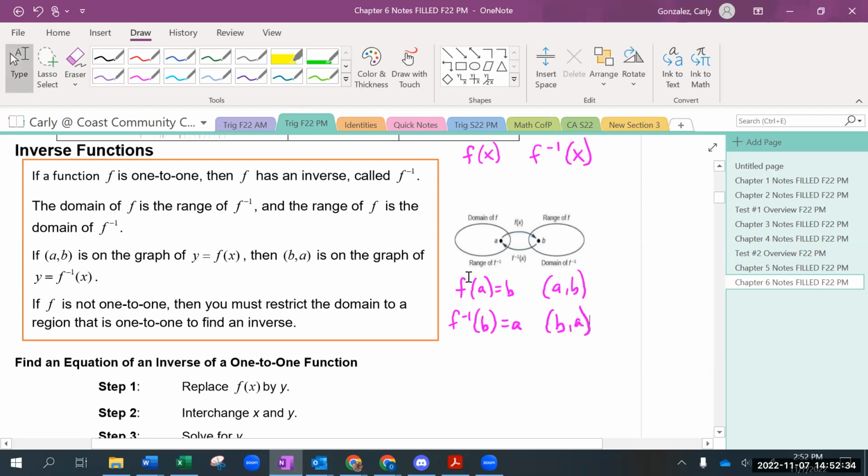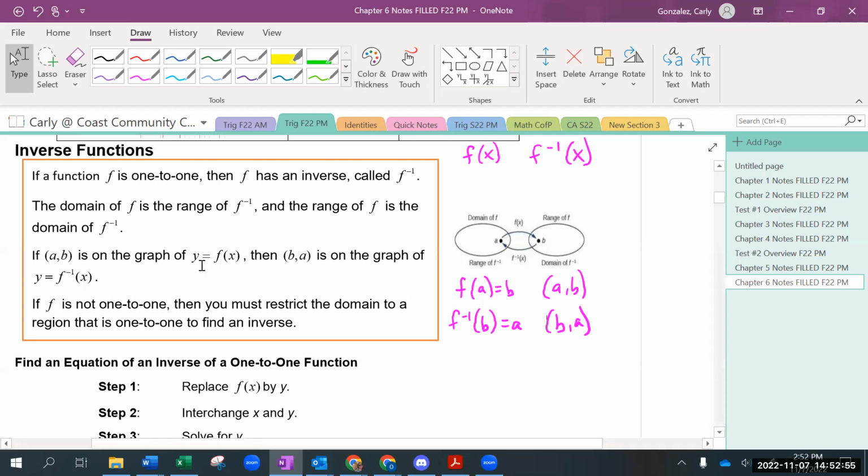So if you go between your regular function and its inverse, the inputs and outputs switch.